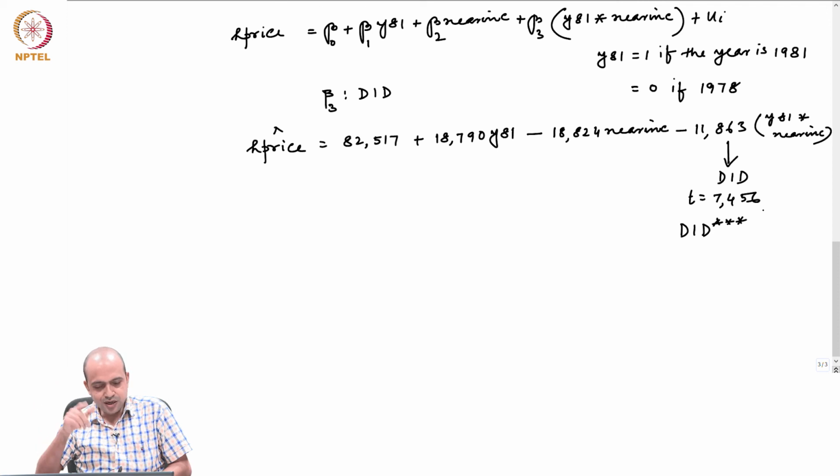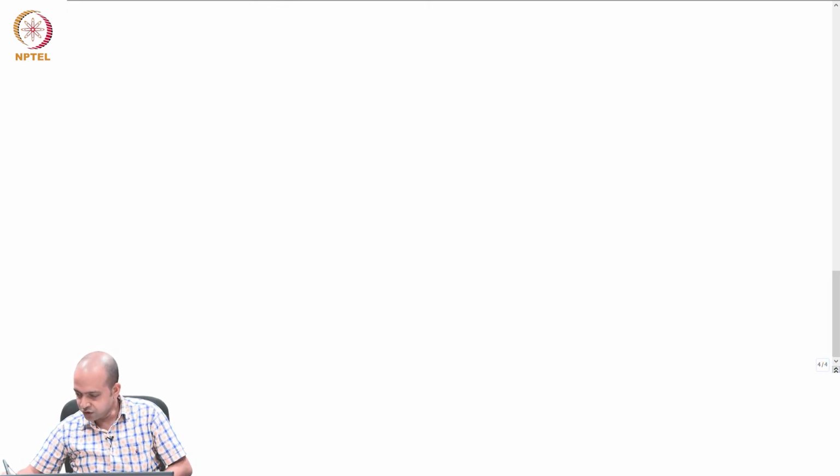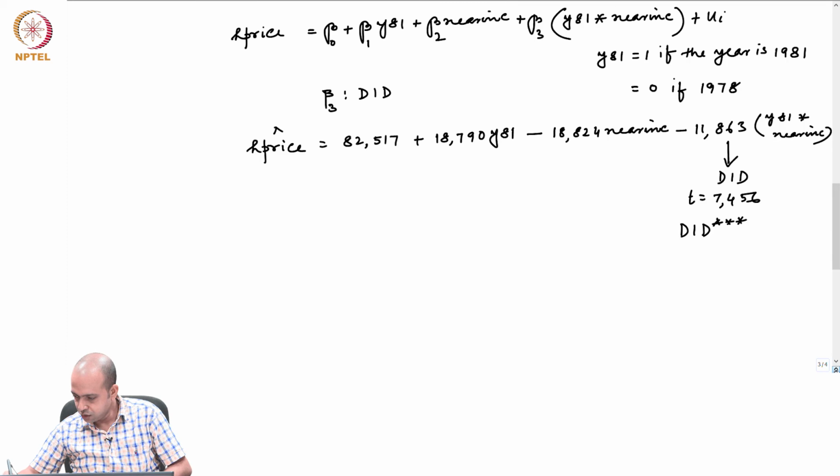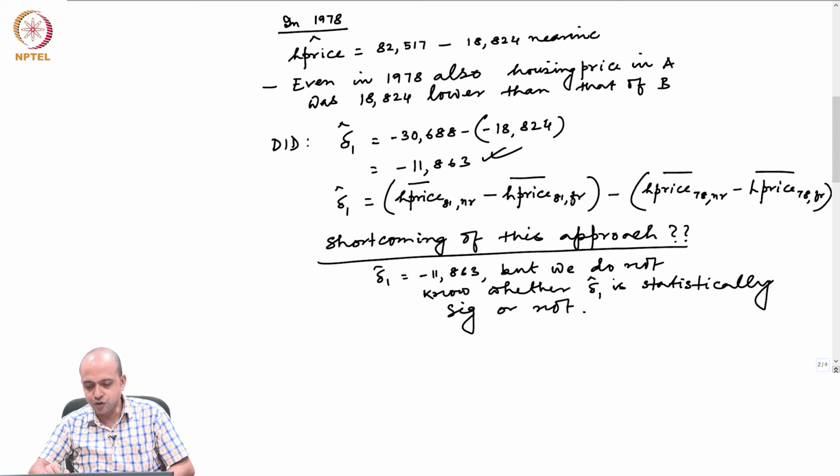Then you need to calculate 4 alternative cases and then treatment minus control. This should be the framework: housing price 81 near, housing price 81 far, then housing price 78 near and housing price 78 far.